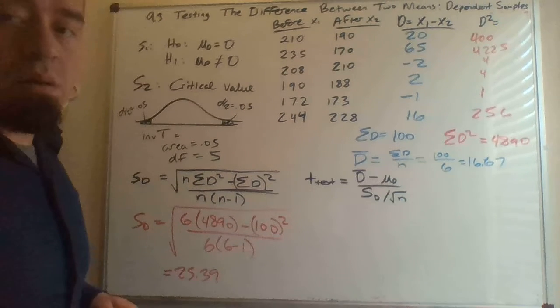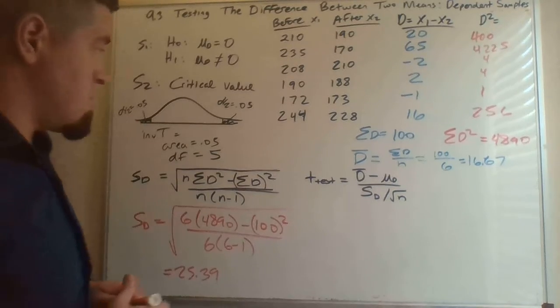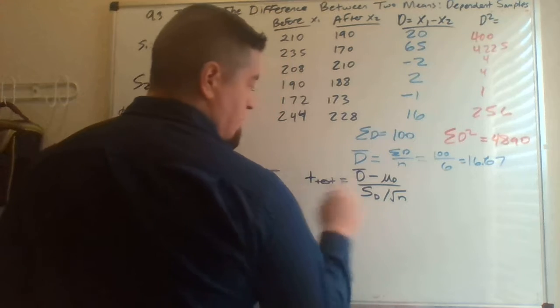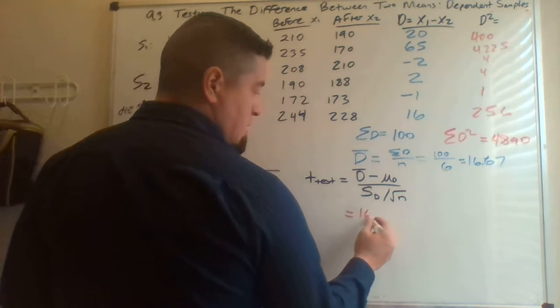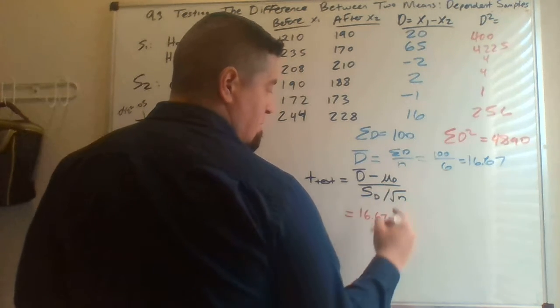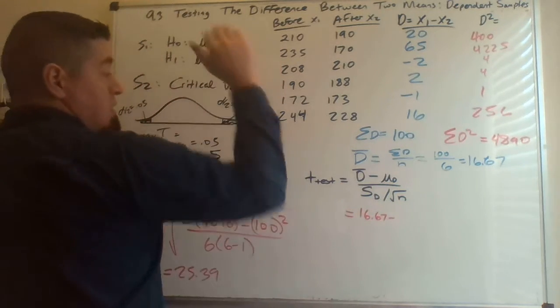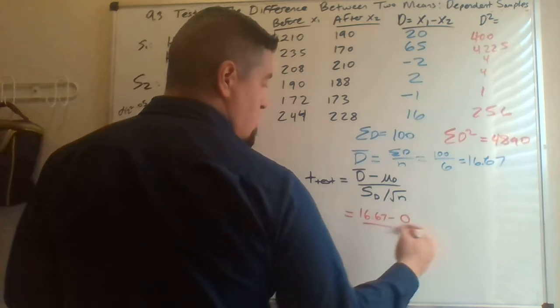We'll substitute. Okay, so our mean difference was 16.67 for our t-test. So we're going to input 16.67 minus our population mean difference, which is assumed to be 0. So we can just put minus 0 or put nothing there.